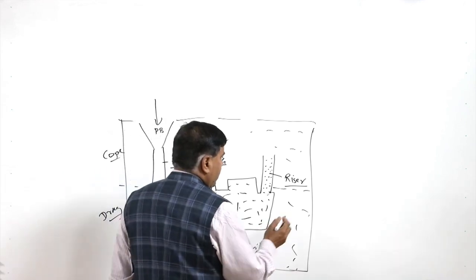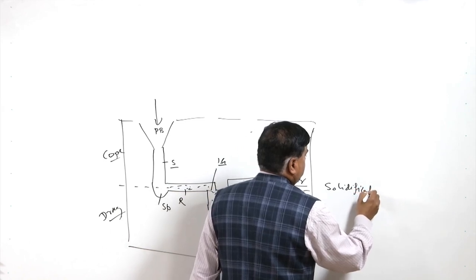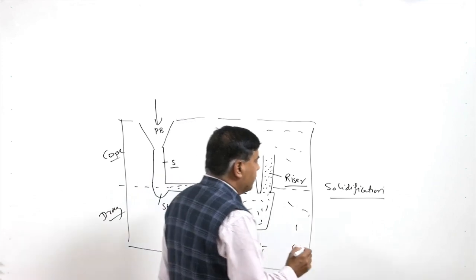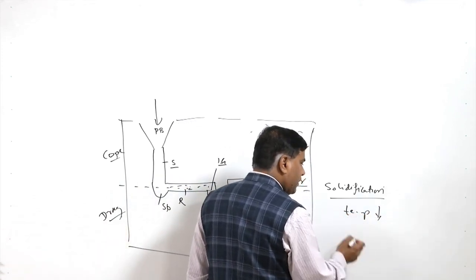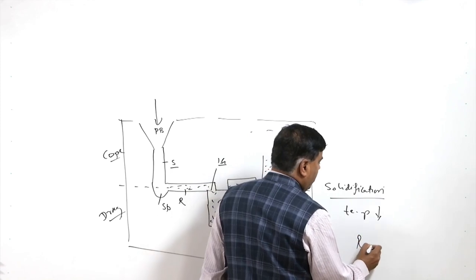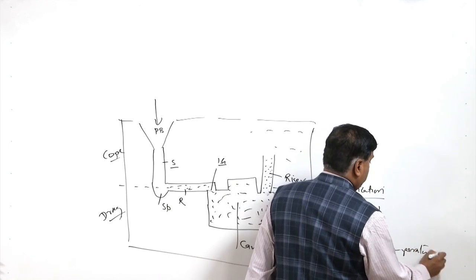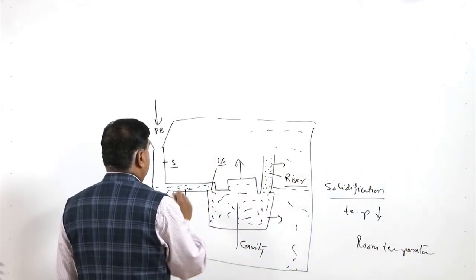So, you see, once the solidification of the molten metal is over, the temperature will come down gradually and finally reach room temperature, but it will take a very long time to reach room temperature because the sand has low thermal conductivity.